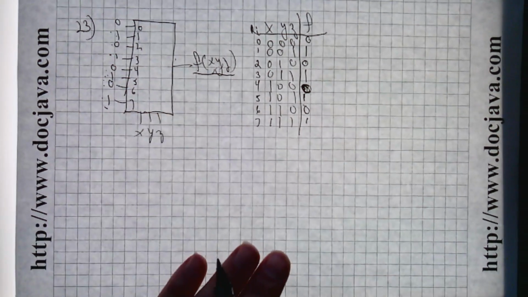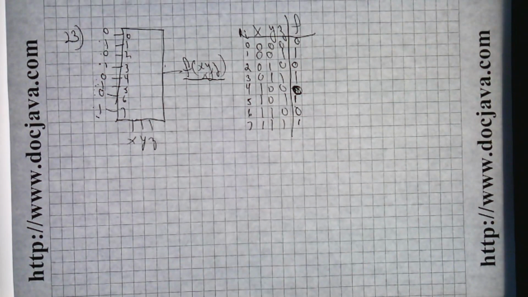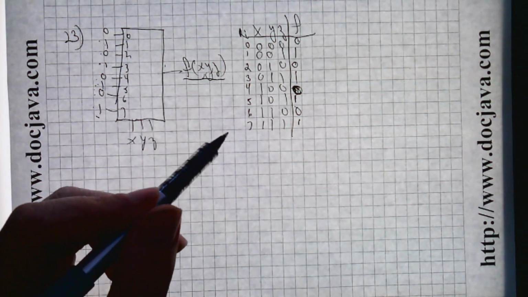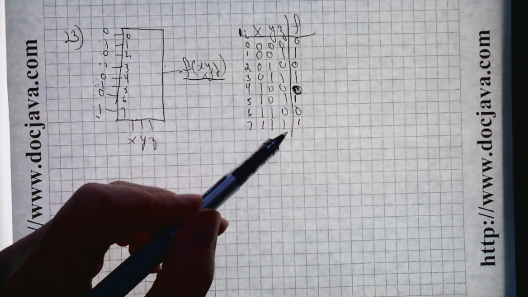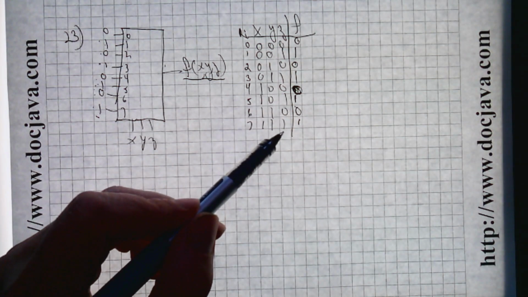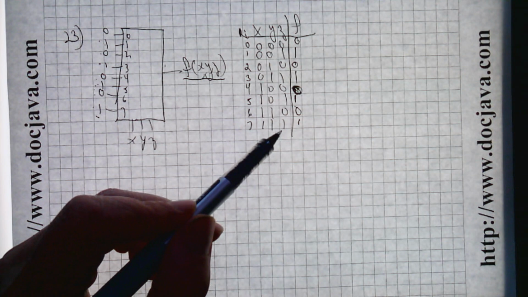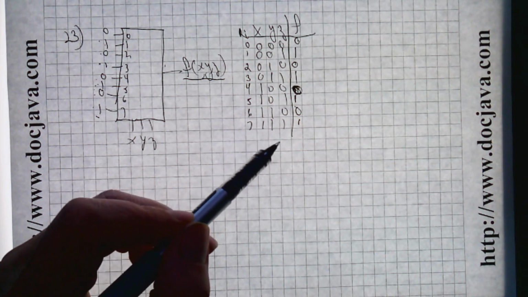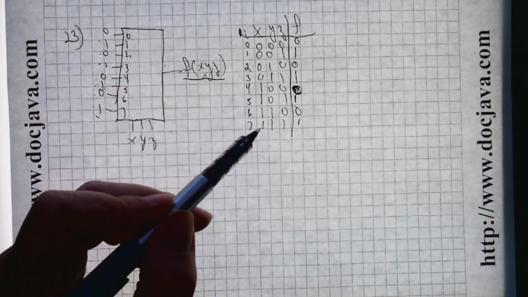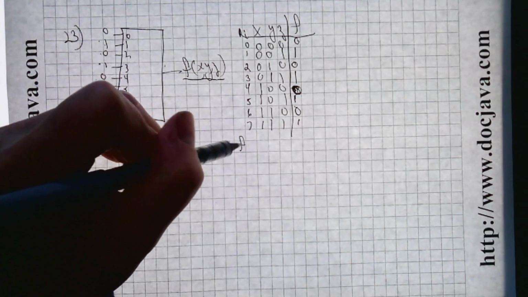That's a 0. So that's what I got so far. Now let's compare what we have here. What is f equal to? Anybody have any insight into this function? Yeah, f equals z.